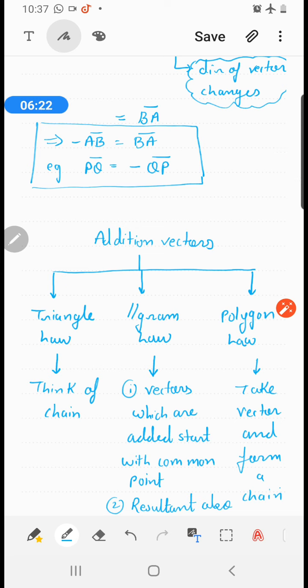Triangle law is to think of a chain. We'll understand later on. Parallelogram law: I should think in three steps. Number one, the vectors which are added should start with a common point. The resultant should also start from the same point. And the third, all of them should make a parallelogram with the resultant as diagonal. And finally, polygon law: we take a vector and form a chain.